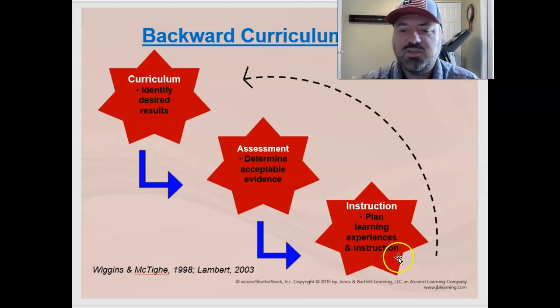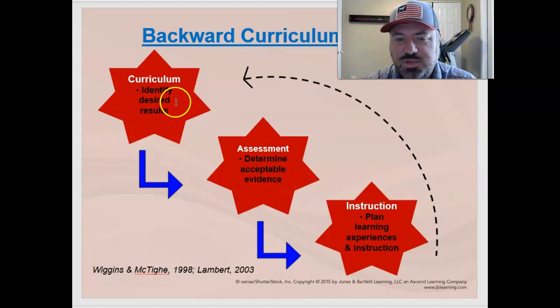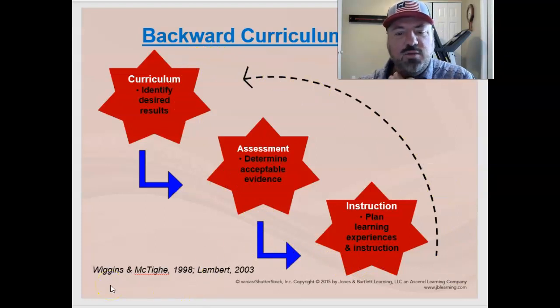We design learning experiences, we put our instruction together, and then we make sure that it leads to success in the assessment, and that the assessment comes back and assesses what we identified as the actual learning target. So the process will start all over. Curriculum, assessment, instruction, all the way back to the top, and it's backward design. This was designed by Wiggins and McTighe and also associated with some of Lambert's research.